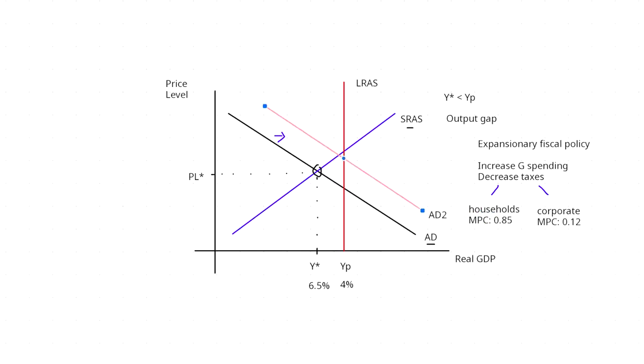So that's what's trying to happen with expansionary fiscal policy. Now let's say that instead you want to engage in expansionary monetary policy. So expansionary monetary policy instead.